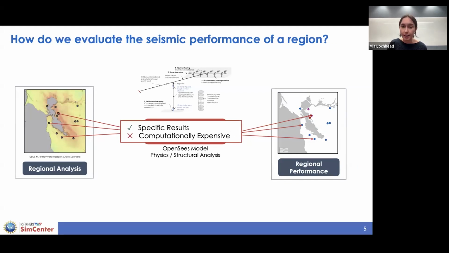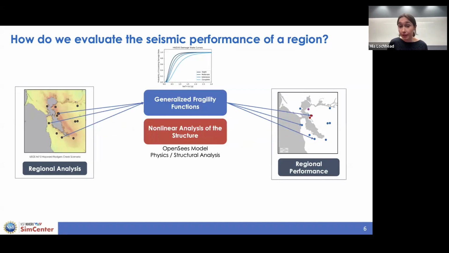Of course, there is an alternative to this. We don't have to use nonlinear analysis in a region. What this typically looks like at the regional scale is using generalized fragility functions, so a methodology like HAZUS or otherwise that maps directly from earthquake intensity to probability of a given damage state.